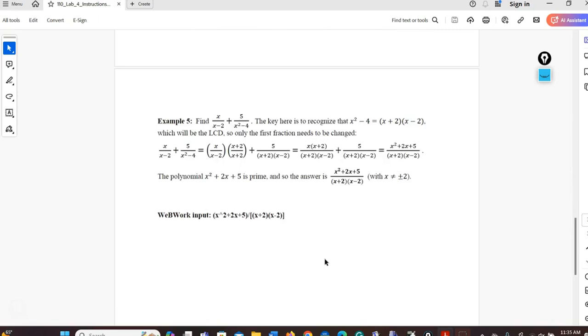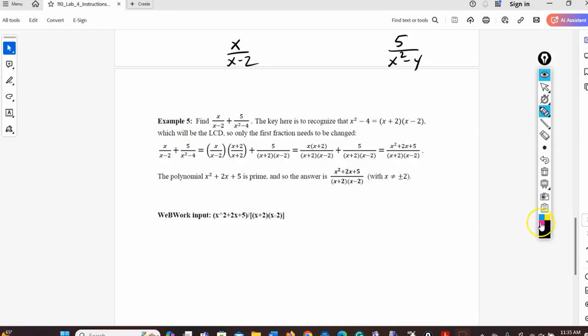Okay, and let's look at this one. Now, I very well could multiply top and bottom of this one by x squared minus 4, and top and bottom of this one by x minus 2, and then they would have the same denominator.